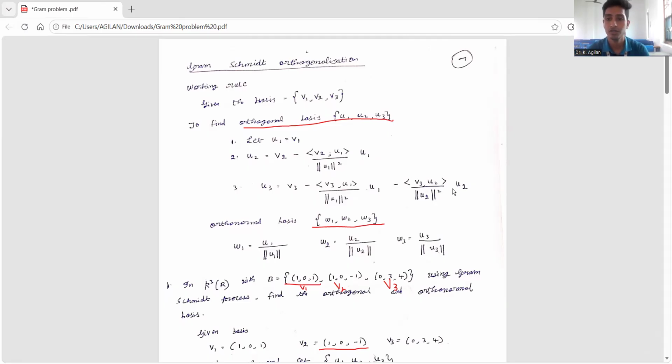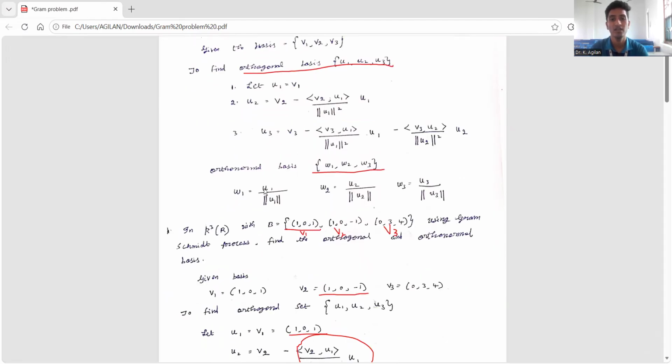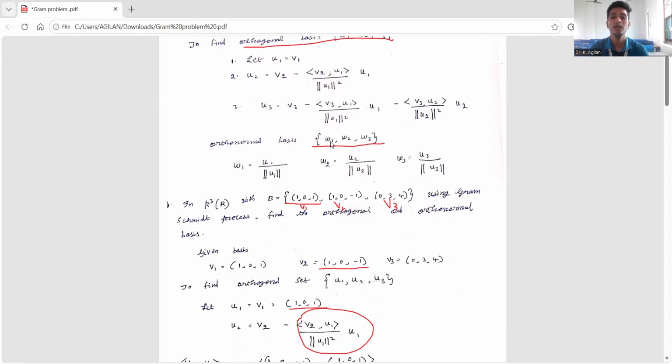So substitute all the values of V1, V2, V3 and we can get U1, U2, U3. Similarly, we can find W1, W2, W3 with the help of the formulas: W1 is U1 by norm of U1, W2 equal to U2 divided by norm of U2, and W3 is equal to U3 divided by norm of U3.